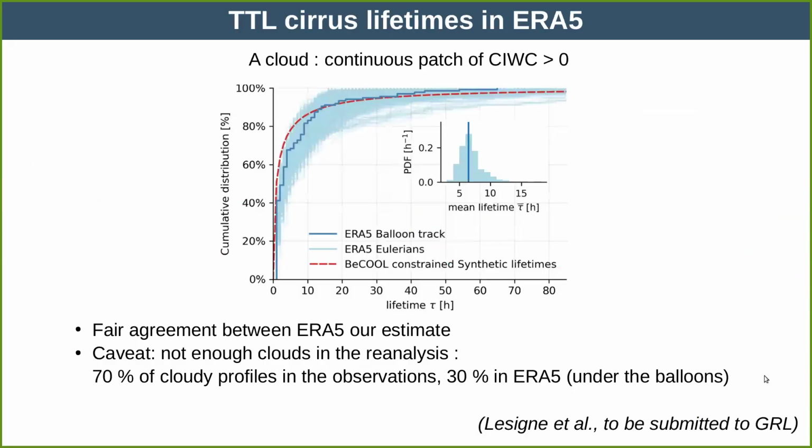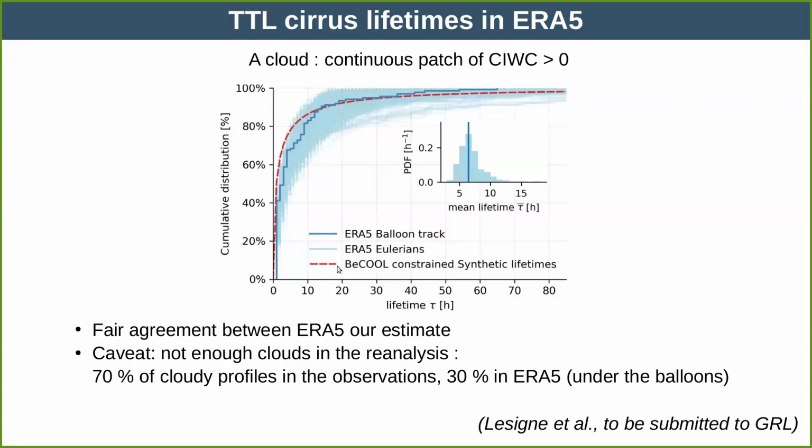So finally, we wanted to compare those results with the TTL cirrus lifetime in ERA5. And in ERA5, we detect clouds as continuous patches of non-zero cloud ice water content. So we extracted Lidar-like curtains below the balloon, and also from a Eulerian point of view. So on this plot, it's a cumulative distribution.